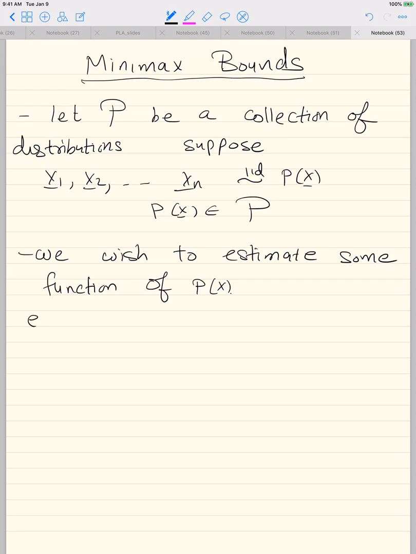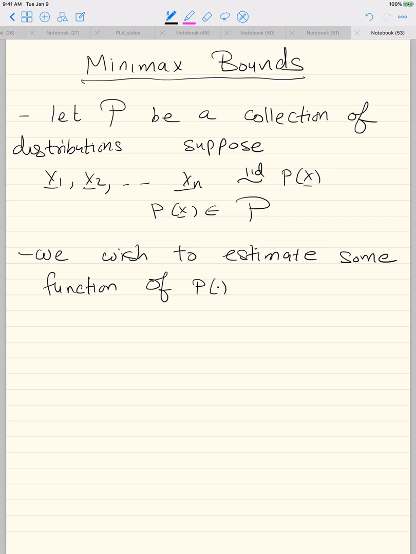Let me not write it as a point; it's the entire function that matters, the entire distribution.